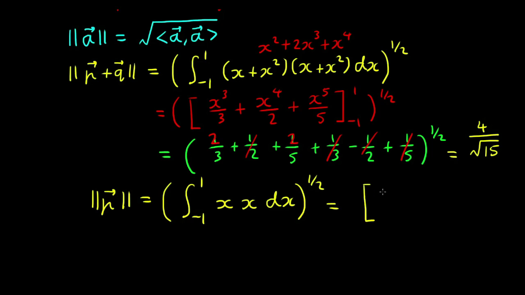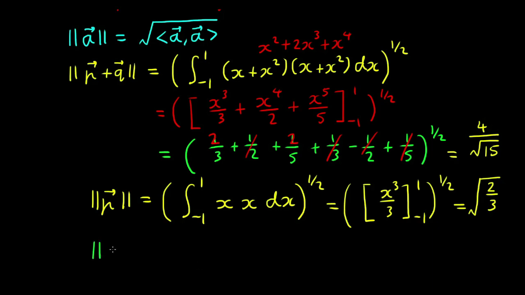So this gives x cubed on 3 evaluated from minus 1 to 1, and we take this to the power of a half. So we get 1/3 minus a third, which is 2/3, and we take the square root.